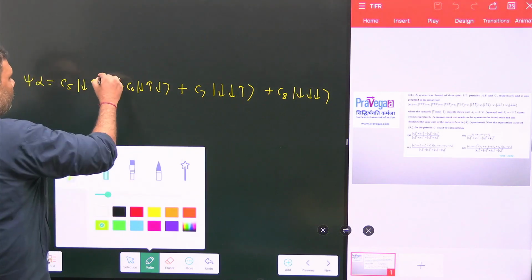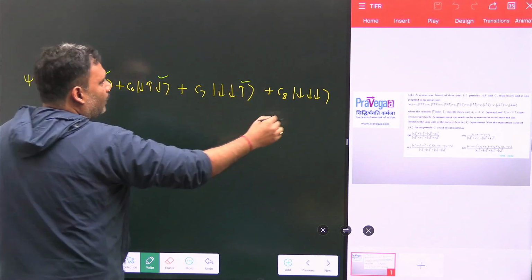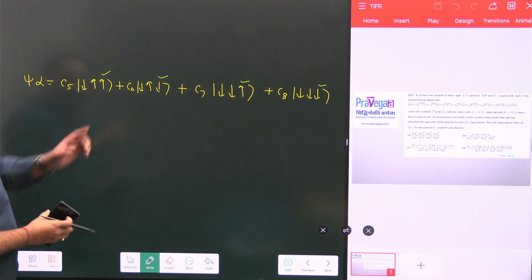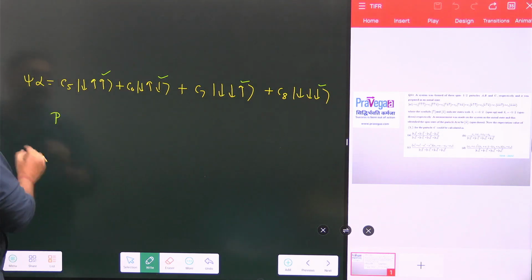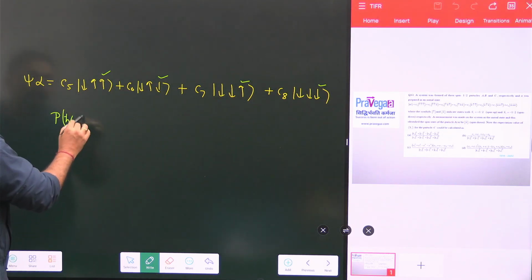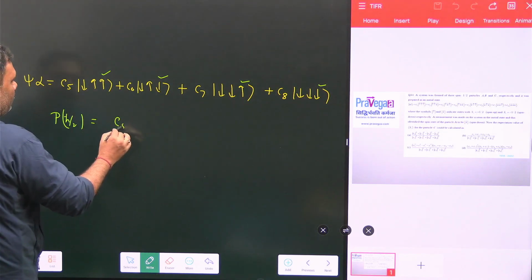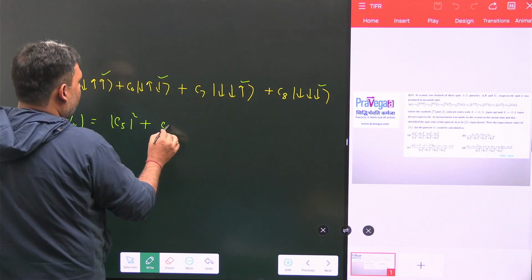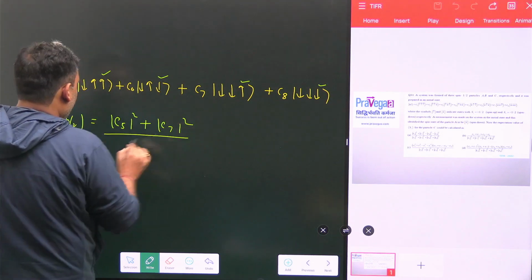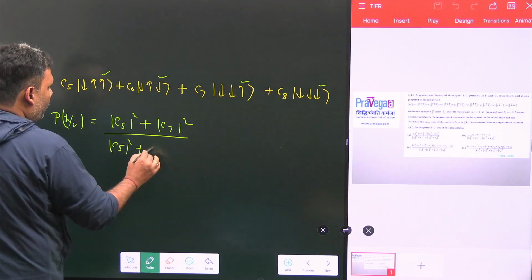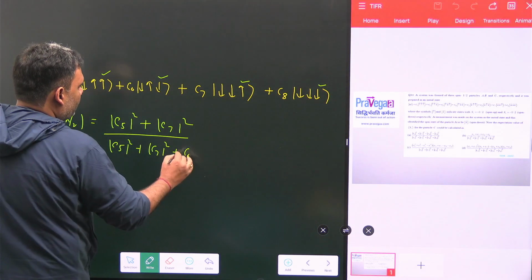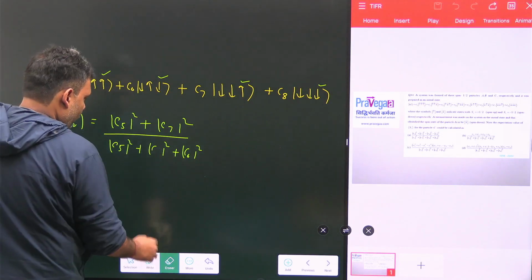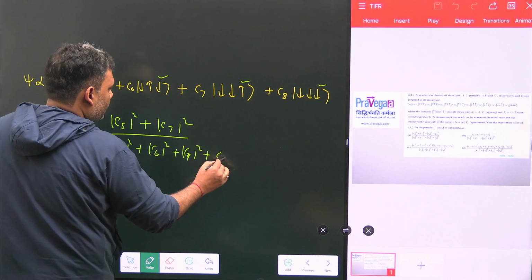If we are talking about h cut by 2, then the probability to find h cut by 2 is given by mod C5 square plus mod C7 square, divided by mod C5 square plus mod C6 square plus mod C7 square plus mod C8 square.